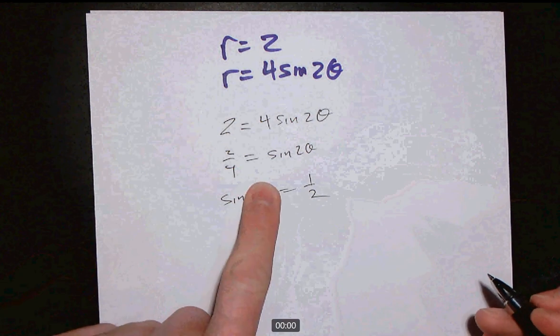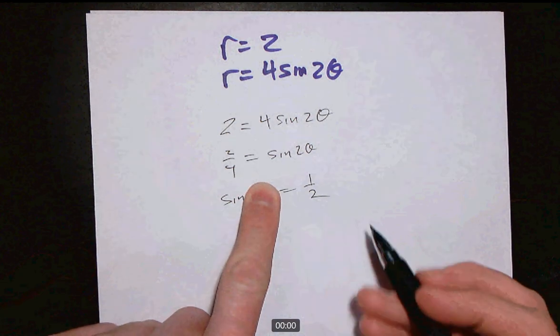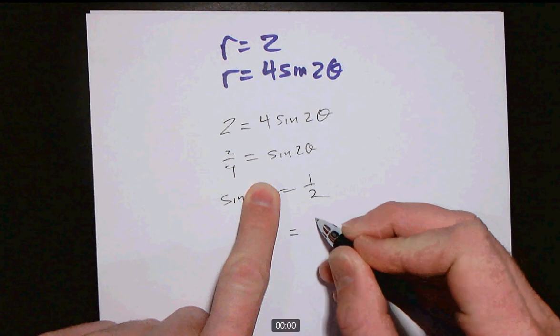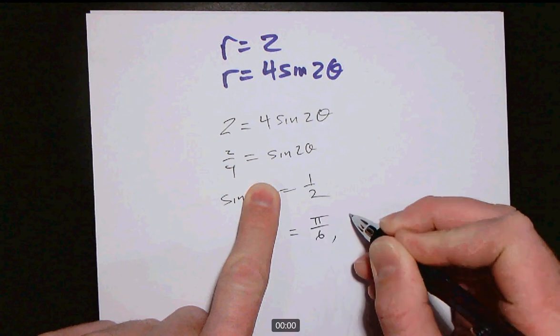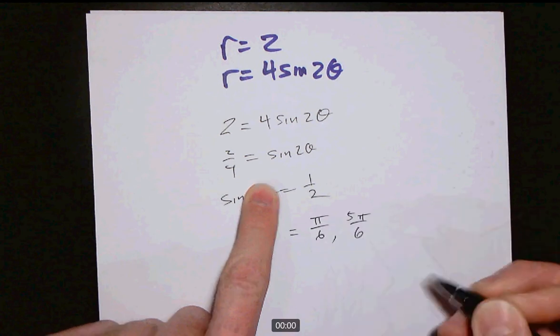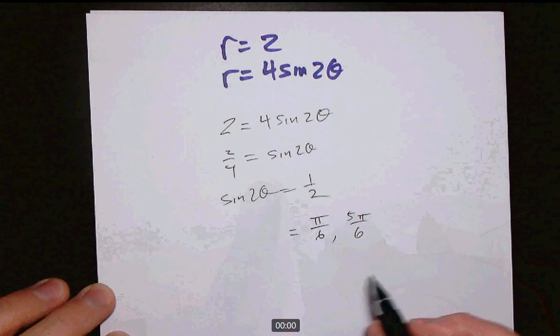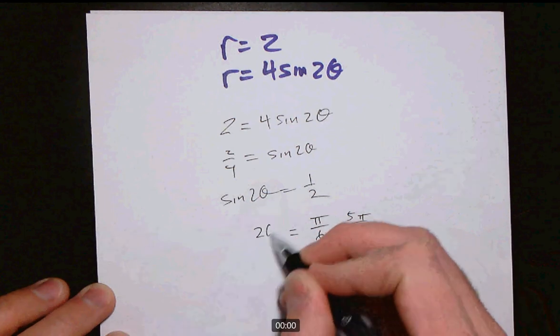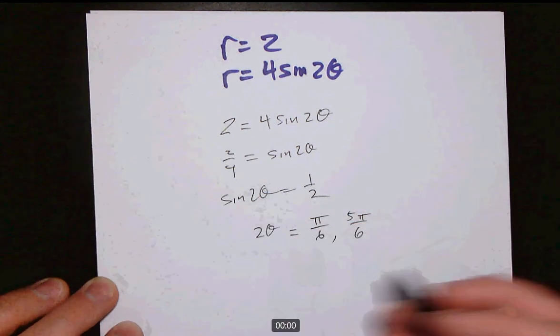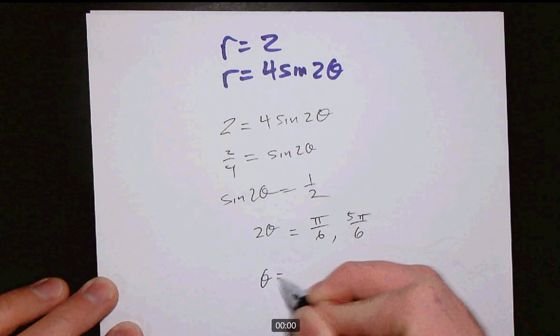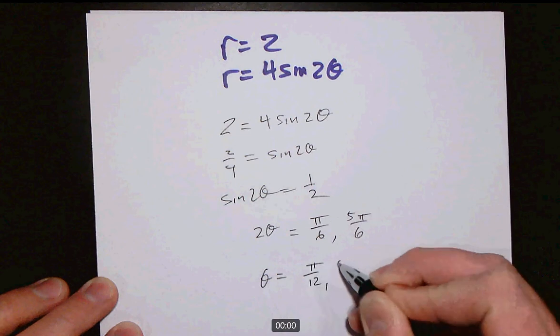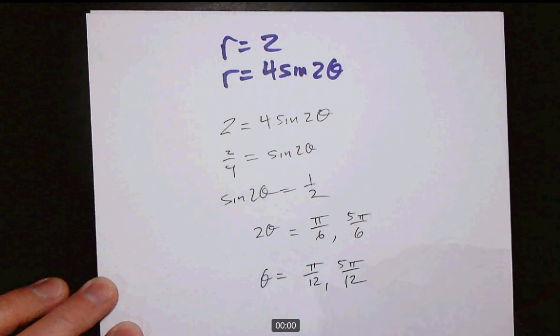And then we just have to solve this equation. I like just to do this by thinking, all right, what angle has sine 1/2? Those angles are pi over 6 and 5 pi over 6. Those are the two angles from 0 to 2 pi that have that solution, right? So 2 theta is pi over 6 and 5 pi over 6, which means that theta could be pi over 12 or 5 pi over 12.